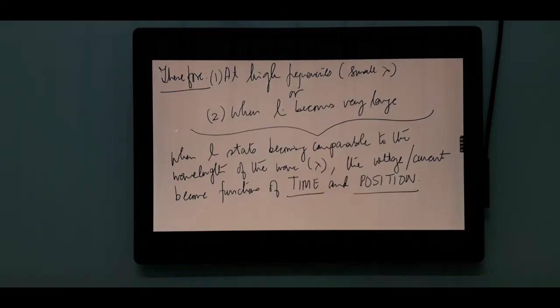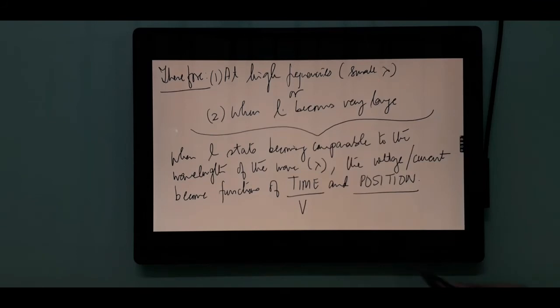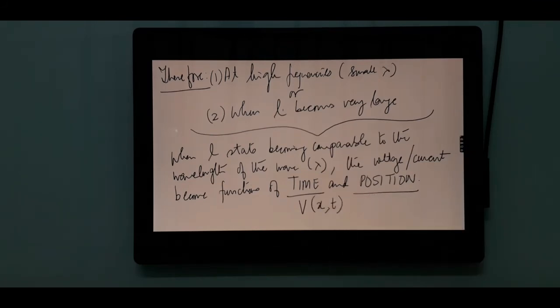This is very important. So therefore, the voltage V will be a function of distance x and t. Is that fine?